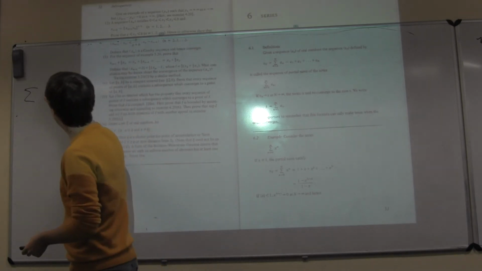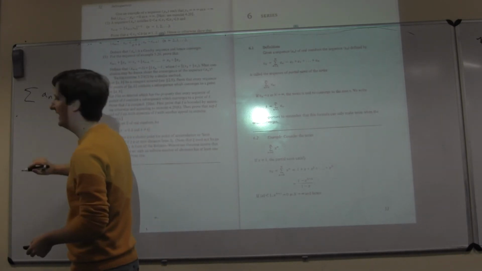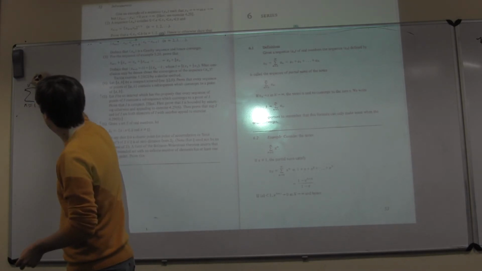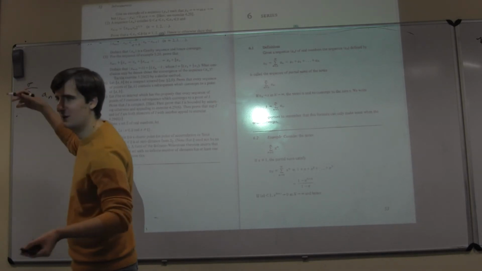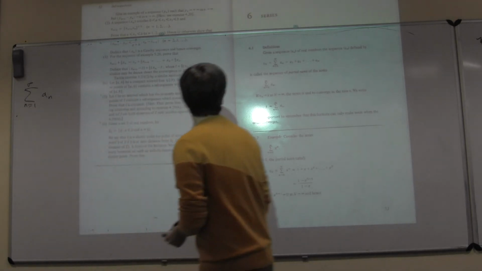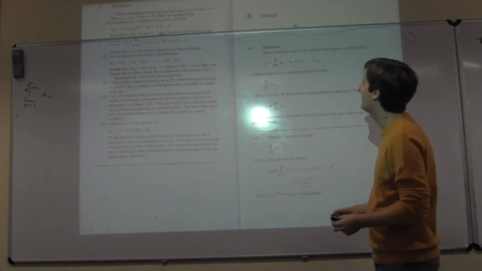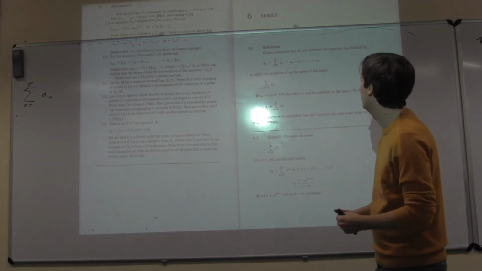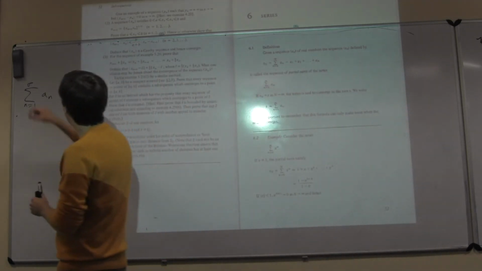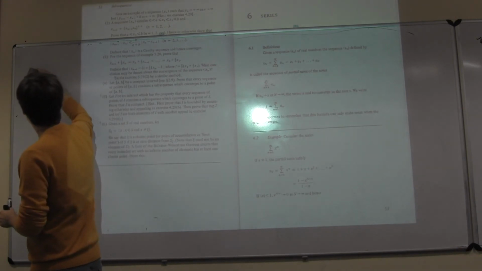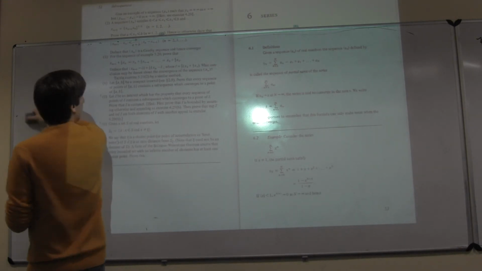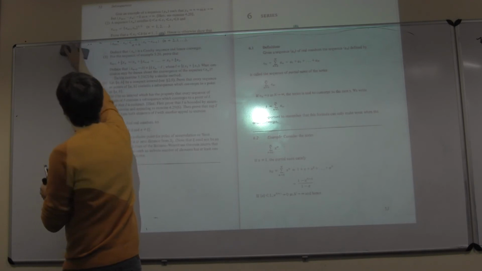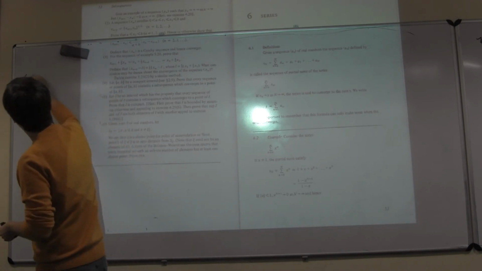So if you've got some sequence a_n, then a series is the sum from n equals 1 to infinity, or n equals 0 to infinity, depending on how you're working. So a series is the infinite sum of the sequence. When you're working with series, it's normally helpful to look at the partial sums.